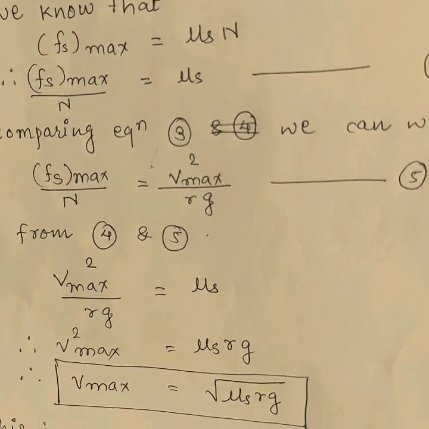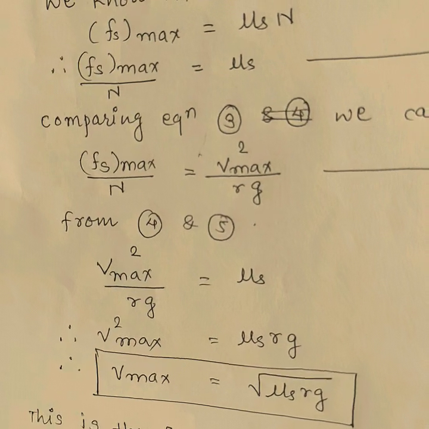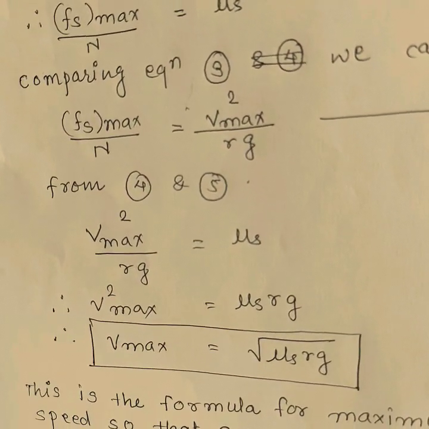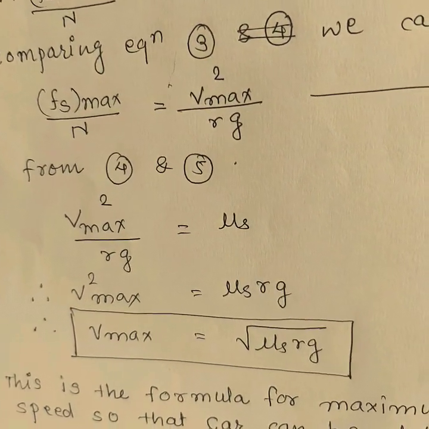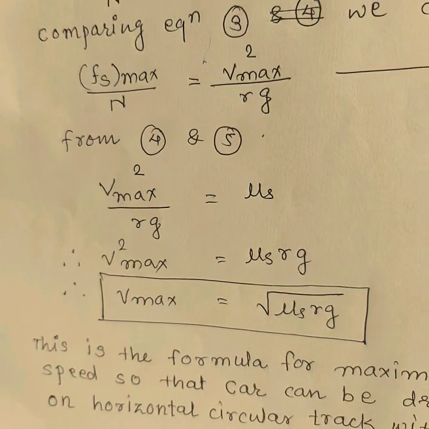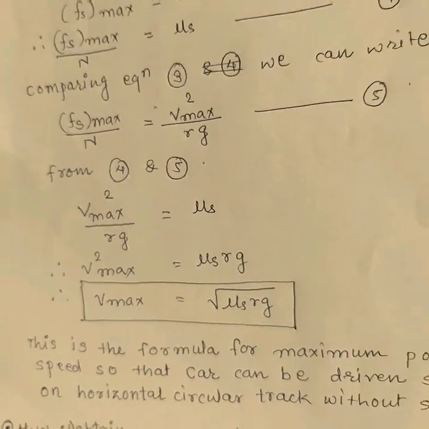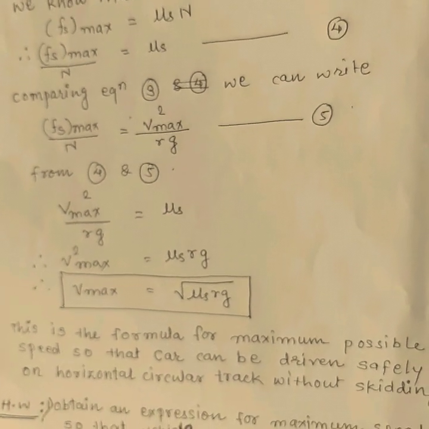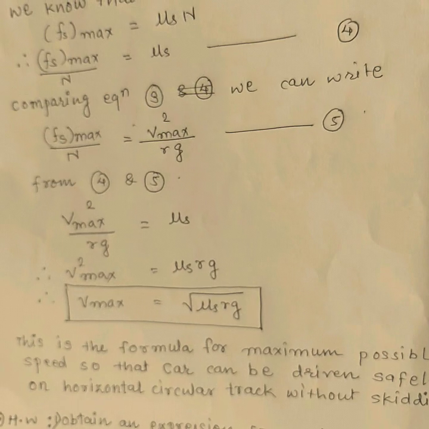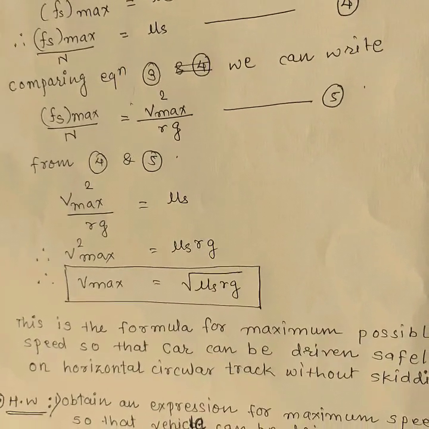So this V max means the maximum speed with which a car can be driven safely without slipping or skidding and without any damage. So this is the formula for the maximum possible speed so that the car can be driven safely on a horizontal circular track without skidding.